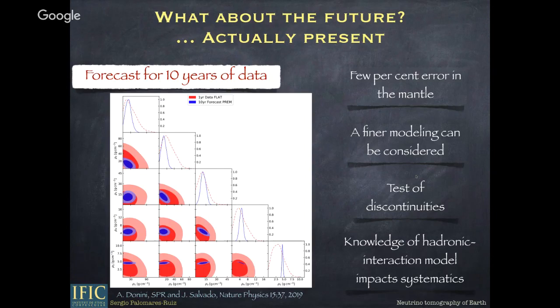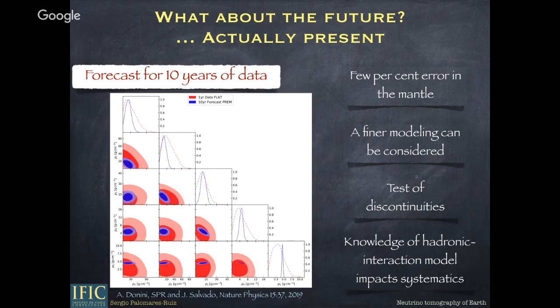And maybe in the future, I don't know if with 10 years, probably not with 10 years, maybe we can already try to see if we can detect the discontinuity within the core, between the inner and the outer core. And as I mentioned in the previous slide, knowledge of the hadronic interaction model might become a crucial source of systematics, and we might want to reduce that in order to reduce systematics in the future.